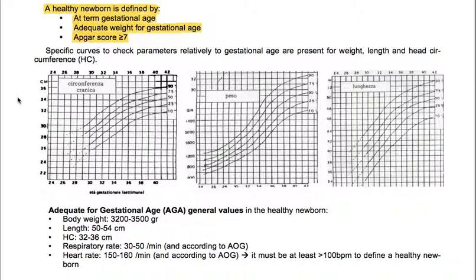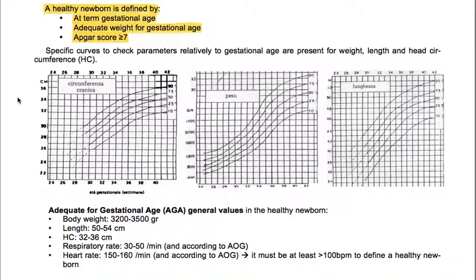Specific curves to check parameters relative to gestational age are present for weight, length, and the head circumference. Adequate for gestational age, general values in healthy newborns are: body weight between 3,200 and 3,500 grams, length between 50 and 54 centimeters, head circumference between 32 and 36 centimeters, respiratory rate between 30 and 50 per minute.